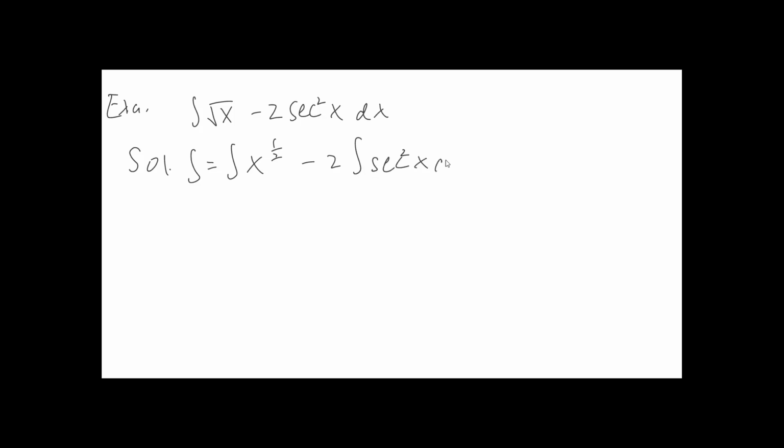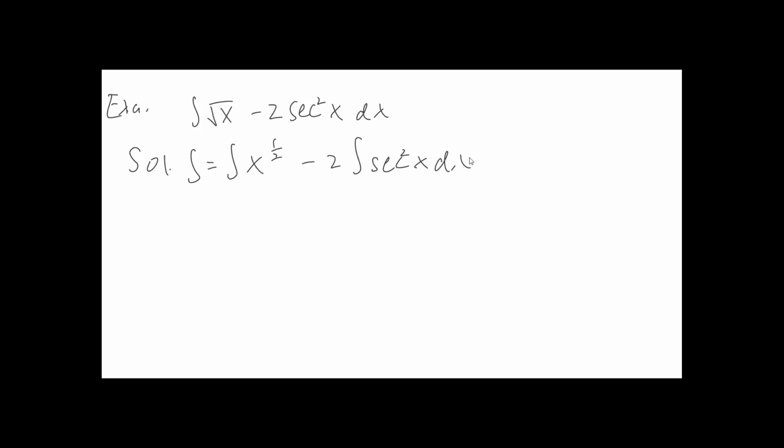All right, let's look at an example. Let's say you want to compute the integration of square root of x minus 2 times secant square x dx. First of all, square root of x is x to the 1/2 power. So the integration is equal to the integration of x to the 1/2 minus, take the 2 out, 2 times secant square x dx.